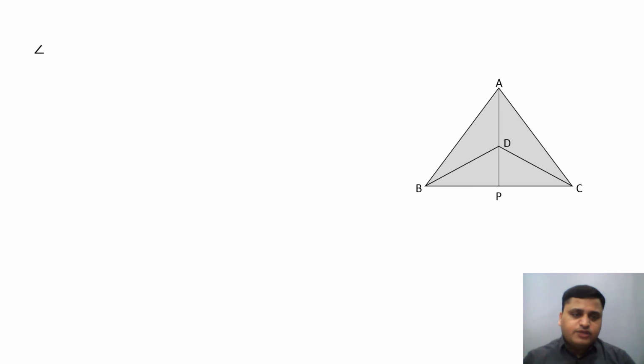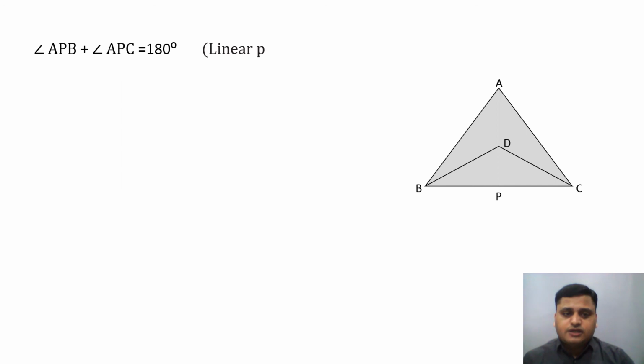After this, we need to continue the same thing because it was a long question, so we need to solve the rest of the part here. We have already assumed that angle APB is equal to angle APC, but from the figure angle APB plus angle APC is equal to 180 degrees. The reason is linear pair, and we have already proved those two angles are equal. So in place of APC, we will write APB.